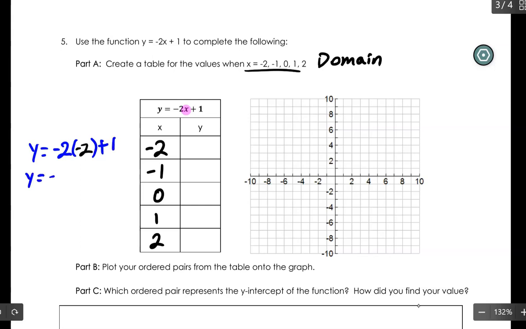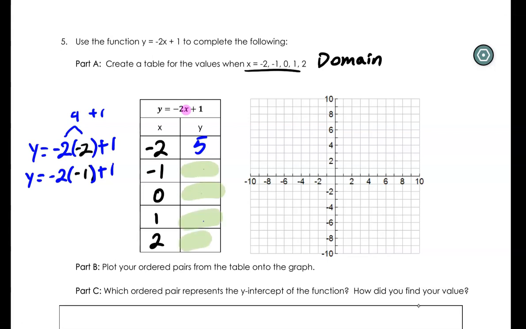Then you do the same thing again with -1. Whatever answer you get, you put in here. So -2 times -2 is +4, plus 1 is 5. Then you do the same thing here, here, here, and here. Okay? And whatever 5 numbers you get, that's the 5 numbers you choose in your answer choice.